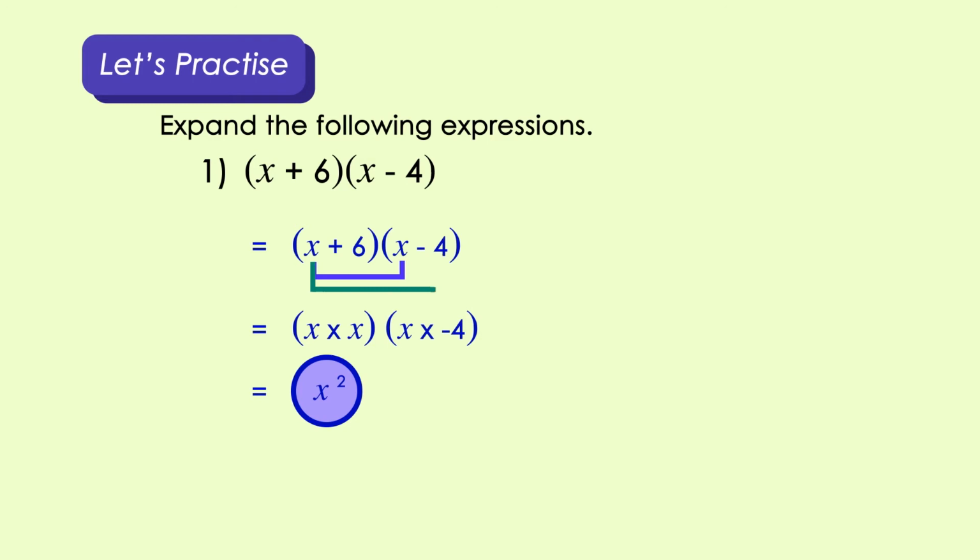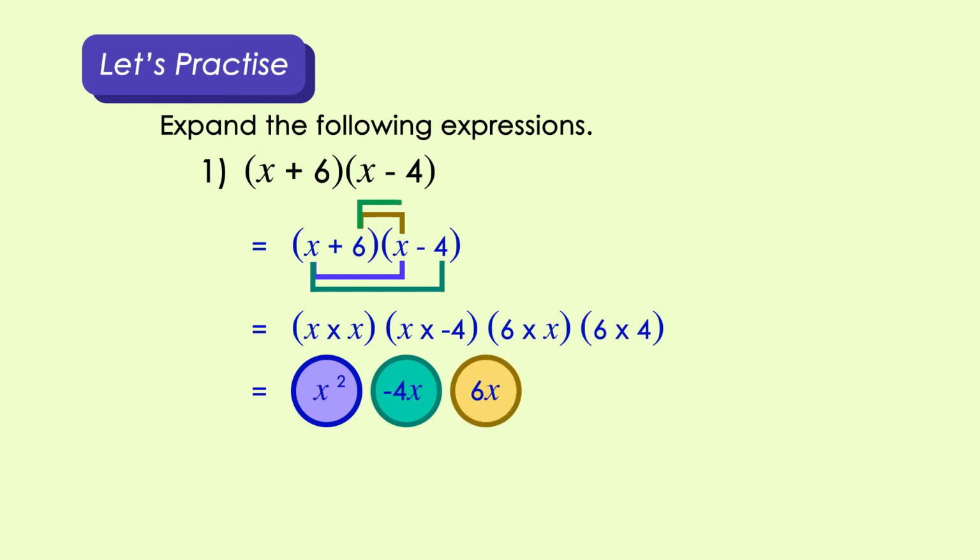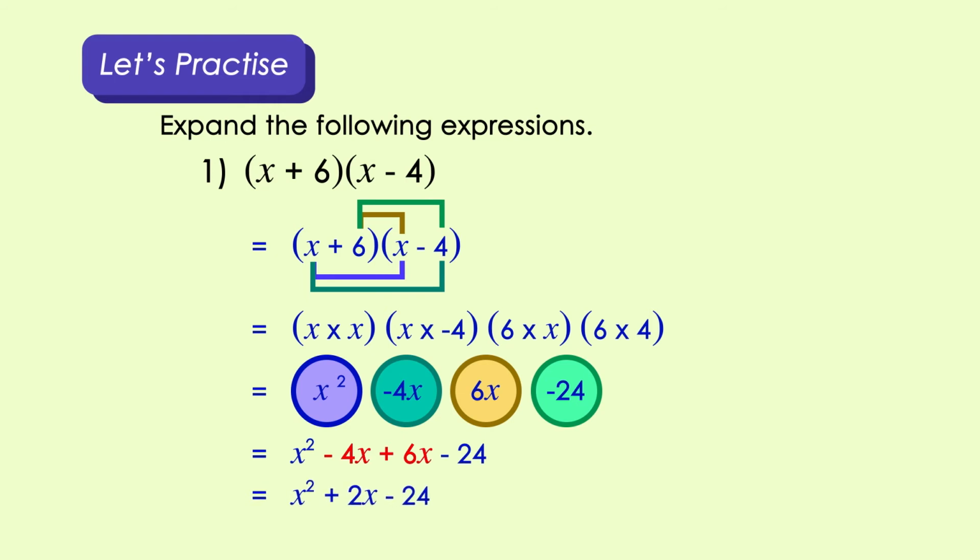X times negative 4 is negative 4x. 6 times x is 6x. And 6 times negative 4 is negative 24. Let's solve our like terms. Negative 4x plus 6x is equal to 2x. So our answer is x squared plus 2x minus 24.